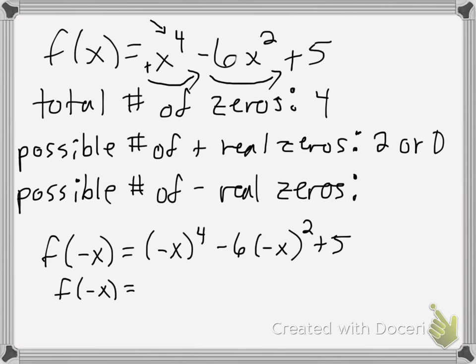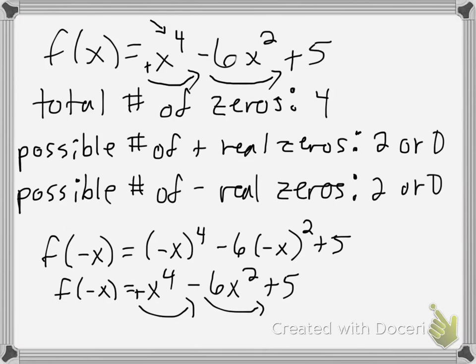If I have a negative x raised to a positive even power, it's just going to be x to that power. So nothing really changes for my f of negative x. I still have 1, 2 sign changes. So the possible number of negative real zeros is 2 or 0 once again.